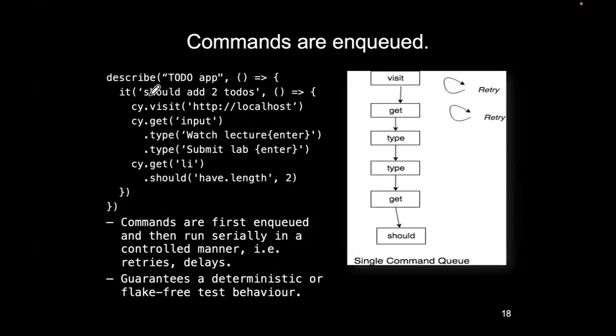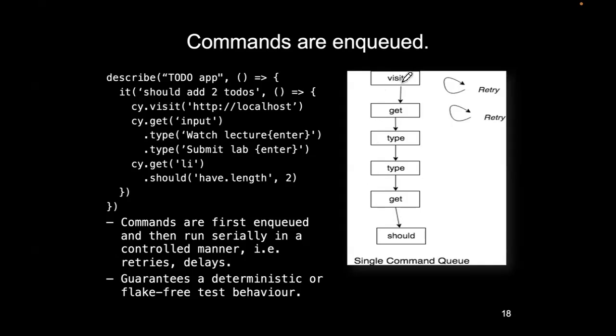What it actually does is it generates a queue of all of the commands that make up your spec. So that's what I'm trying to represent here. It generates a queue for each command in my spec, and then it goes back and starts with the first entry in that queue.